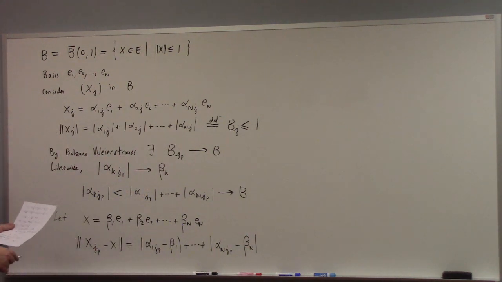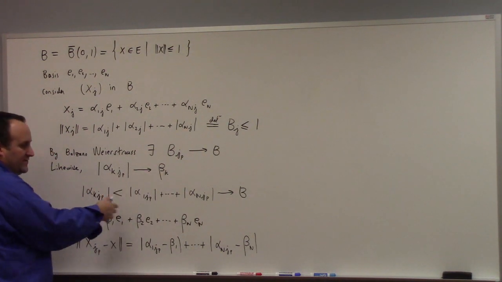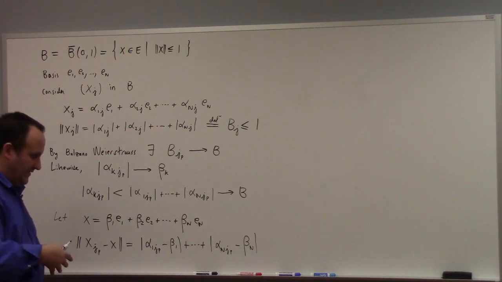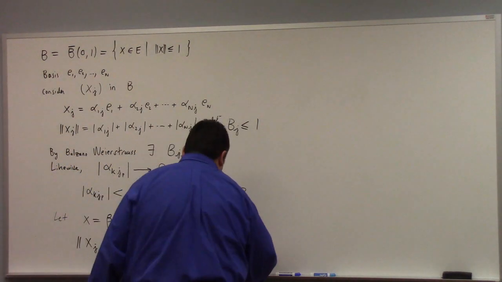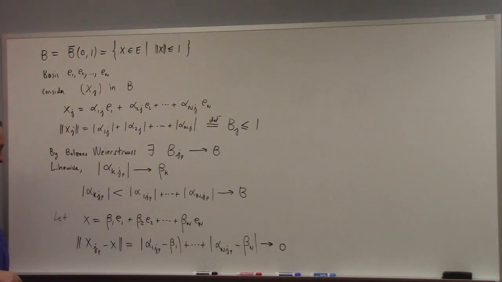And those all go to 0, right, by the construction of the betas. Like my point, I said beta is the limit of each component sequence. And so this goes to 0 as p goes to infinity, which is to say that this is a convergent subsequence in this particular norm.